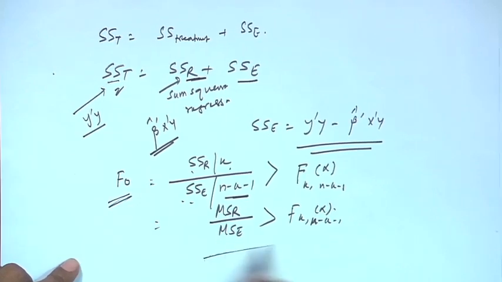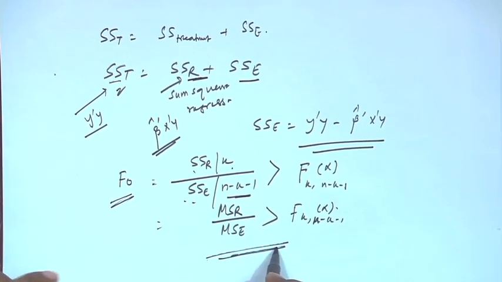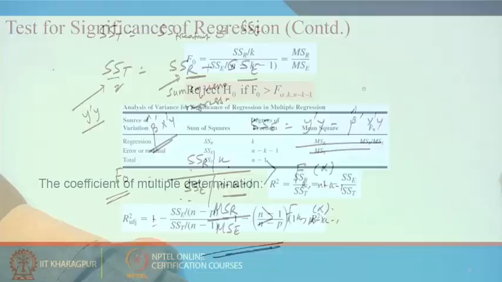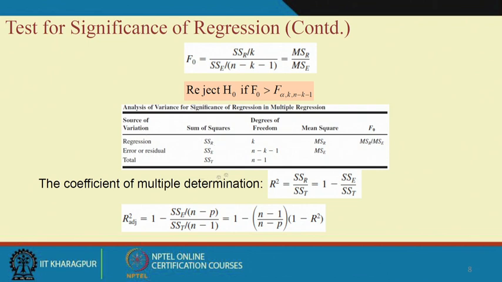then we say that the null hypothesis that none of the factors are contributing is not correct. This is what is shown in terms of the ANOVA table. If you see the ANOVA table here, we have shown the same thing. So this is the overall F test.